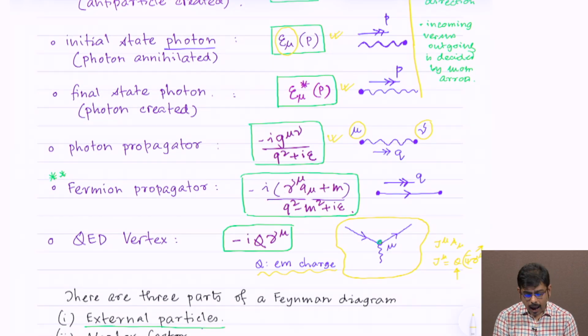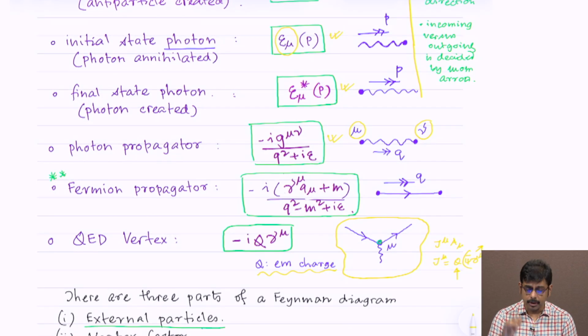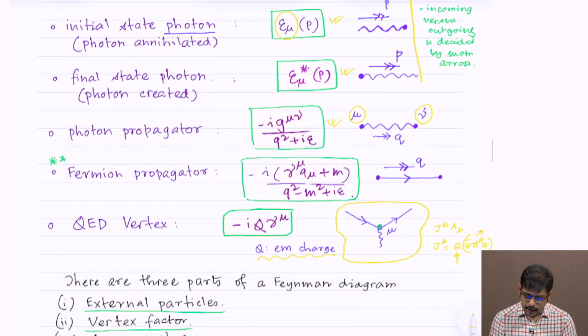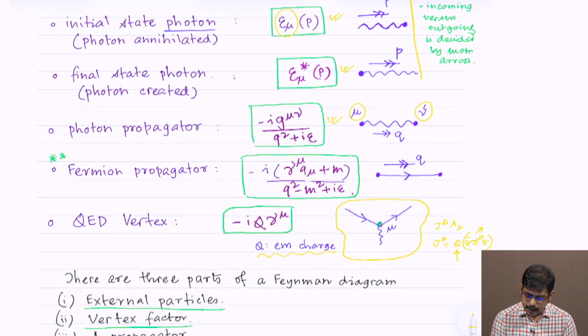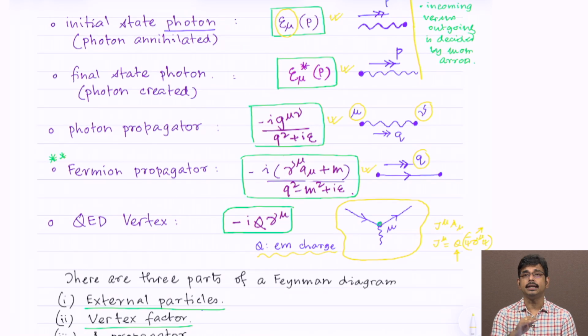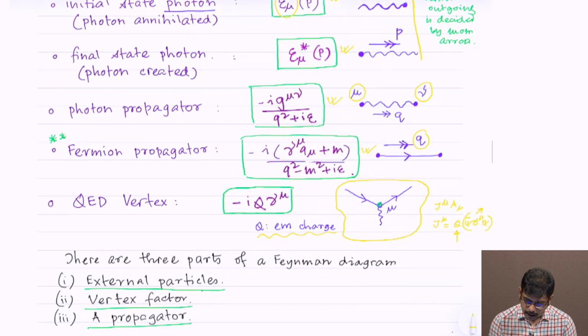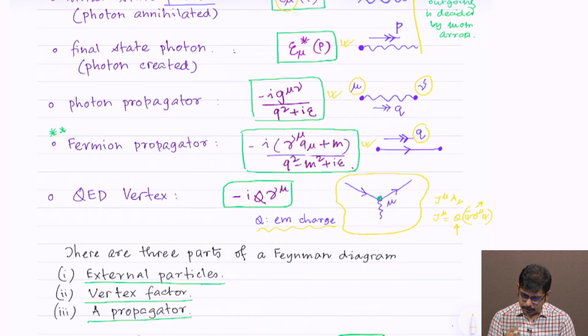And then you have fermionic propagators, that is also a possible internal line, and we argued that once again this can be given by minus i gamma mu q mu plus m by q square minus m square, where once again q is the momentum being carried by this fermionic mediator between these two vertices. And finally the QED vertex.